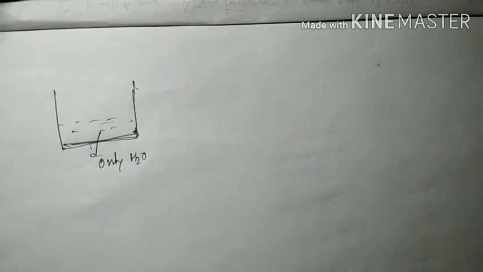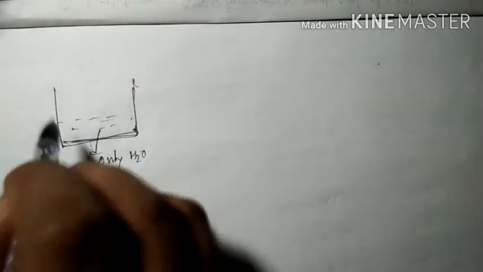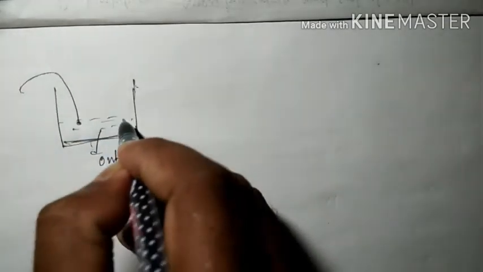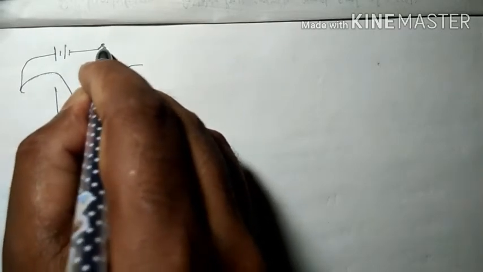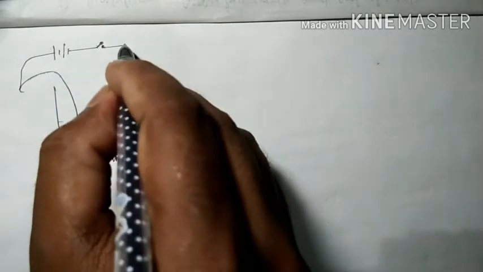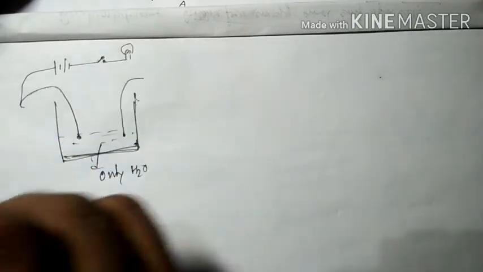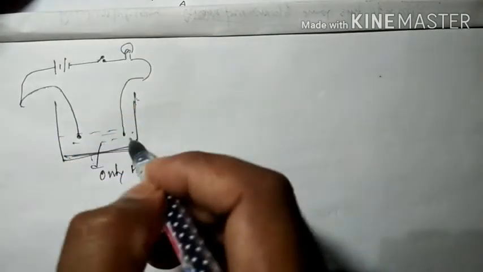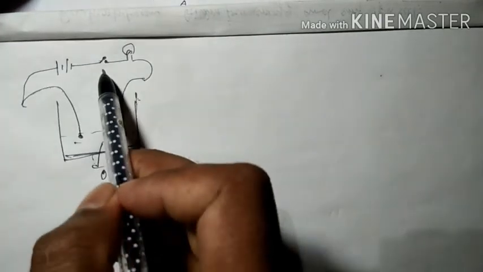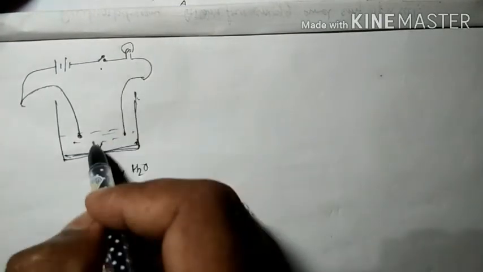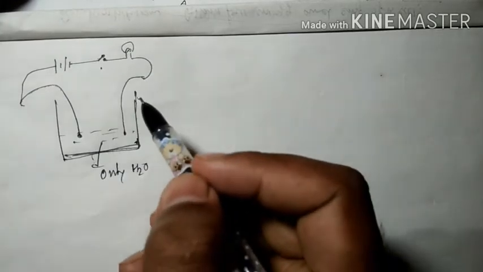Now suppose here is a circuit, one wire is connected this way, another wire connected this way, and from here a battery is there, then here is a switch or you can say key, then here is a simple bulb. If we switch on the key, will the electricity pass or not? What do you think?